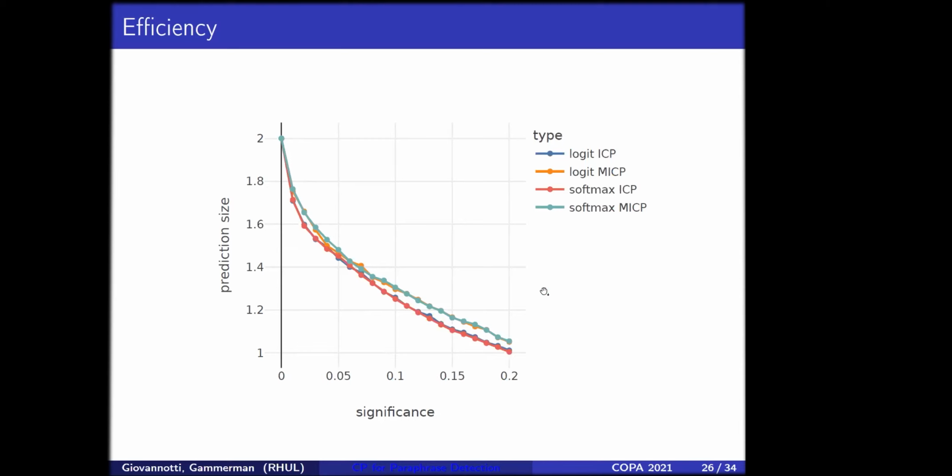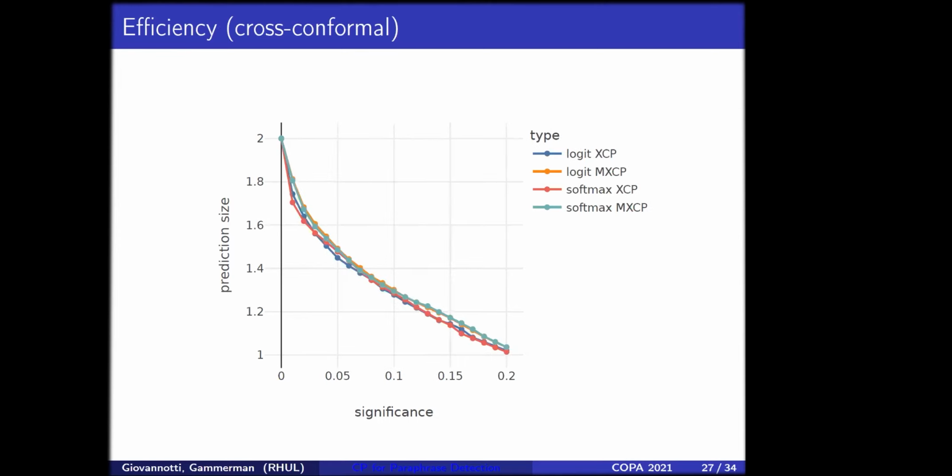Even here we can see that the non-Mondrian predictors, the blue and the red one, output smaller prediction sets basically all the time, and the yellow and the green one, which are the Mondrian versions, are always a bit less efficient. And that's also valid for the cross-conformal setting, even if maybe less evident.